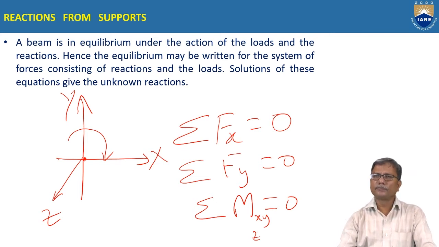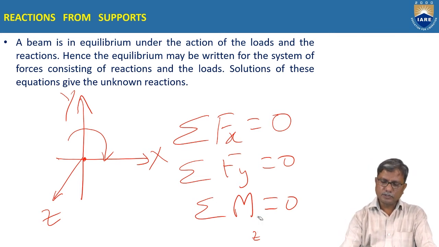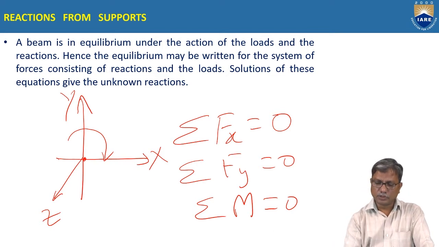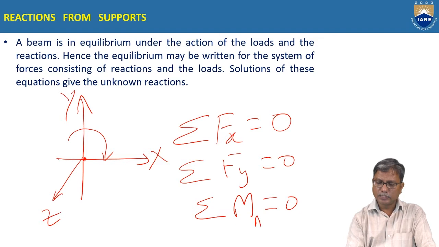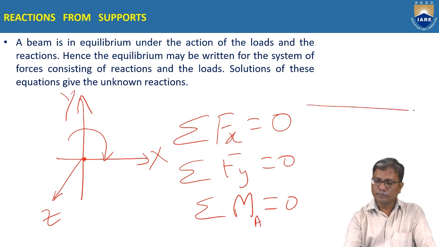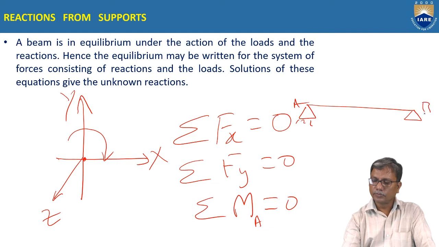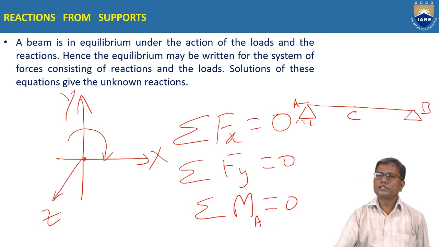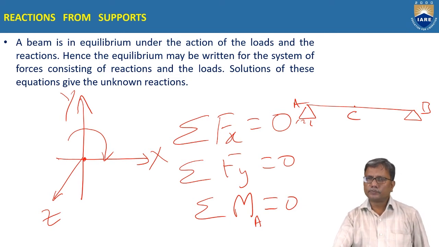That is important. So we simply write sigma M = 0 about any point. If it is a beam, the sum of moments about any point, say A, B, or C, must be 0.